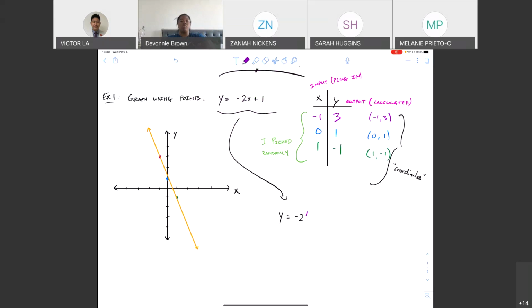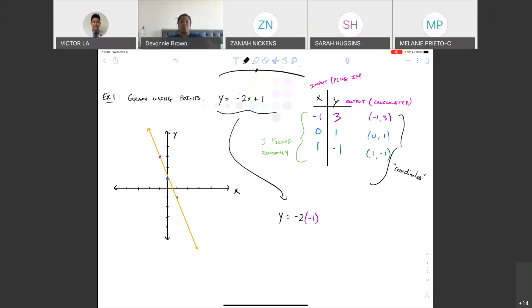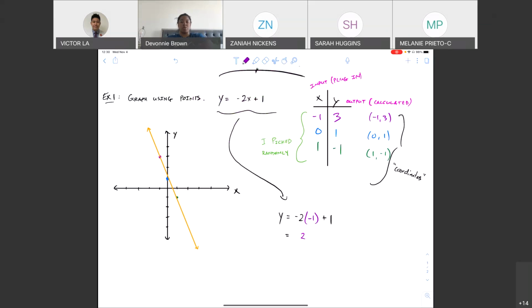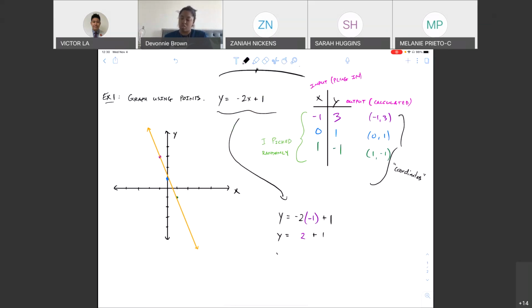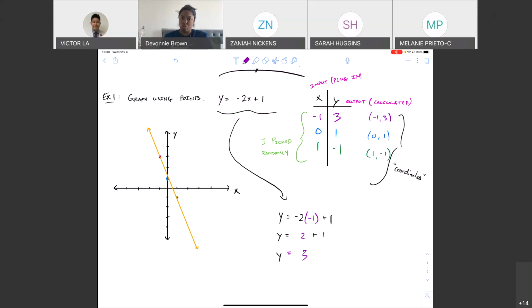Yep, that's why I wrote it right there. It's a +2 plus 1, y equals 3. And then you do the same for all 3, right?